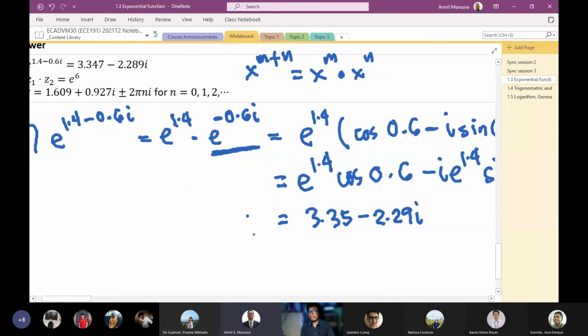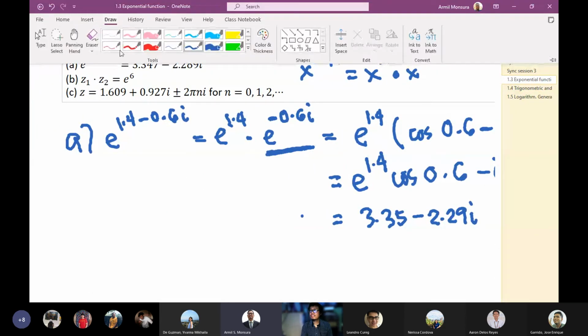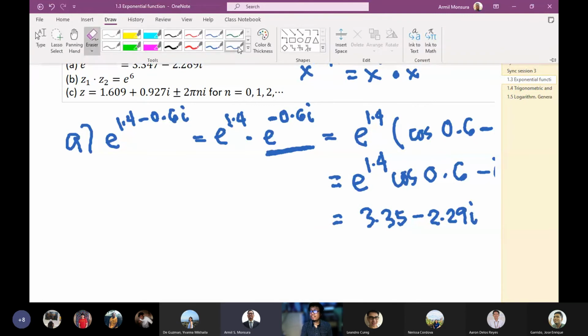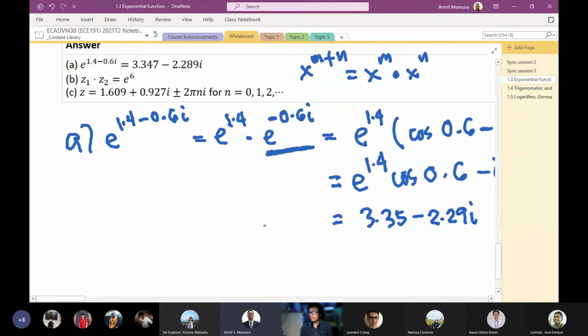So this is e raised to 1.4 minus 0.6i equals this.